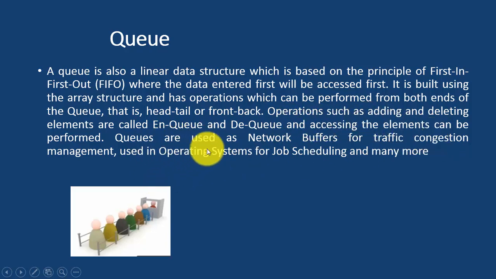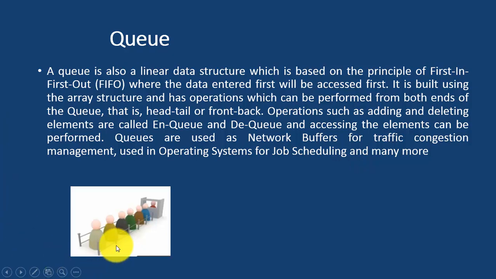Queues are used as network buffers for traffic congestion management, used in operating systems for job scheduling, and many more. Now, what is job scheduling? You can think of a situation where we have many printing jobs and only one printer, so all the jobs will be performed one by one on a first come, first out basis.